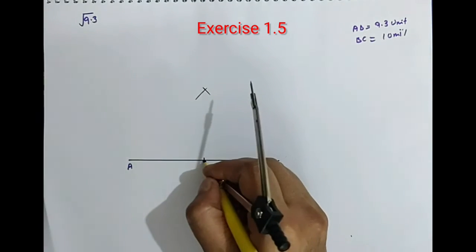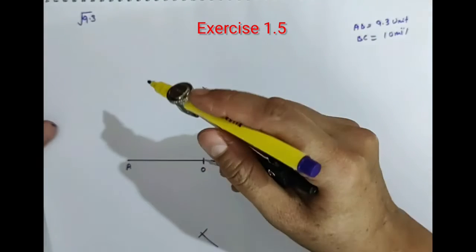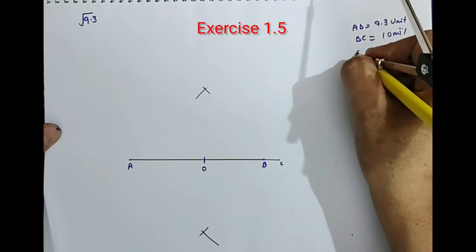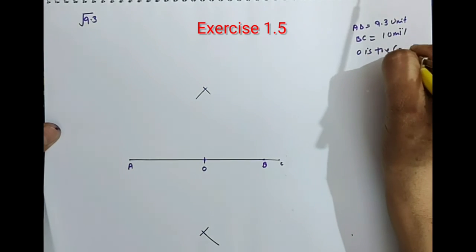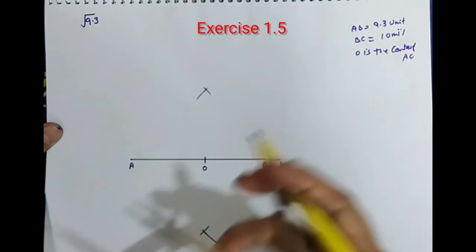So this is the center of line AC. O, I will take this. Now O is the center of AC.